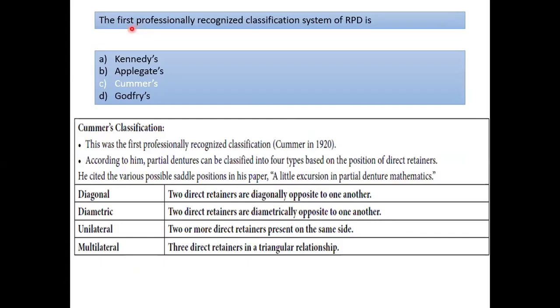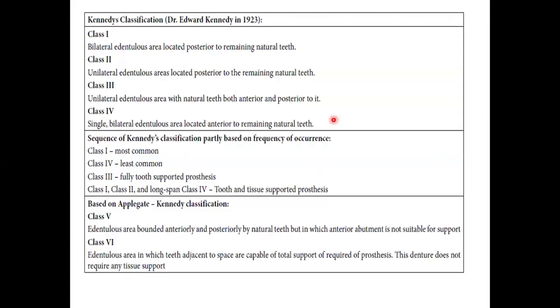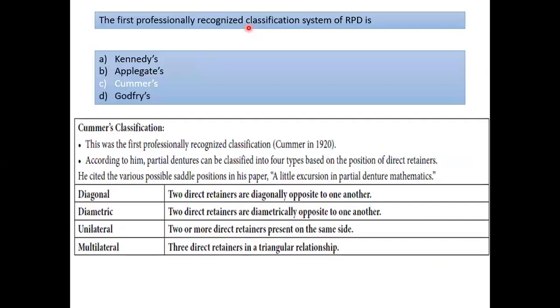When a question comes on the first professionally recognized classification system of RPD, don't go directly to Kennedy's. Kennedy is the most commonly known RPD classification, but it is not the first professionally recognized one. It was given by Dr. Cummer. Cummer in 1920 gave this recognized classification, but Kennedy's classification was given 3 years later, in 1923.